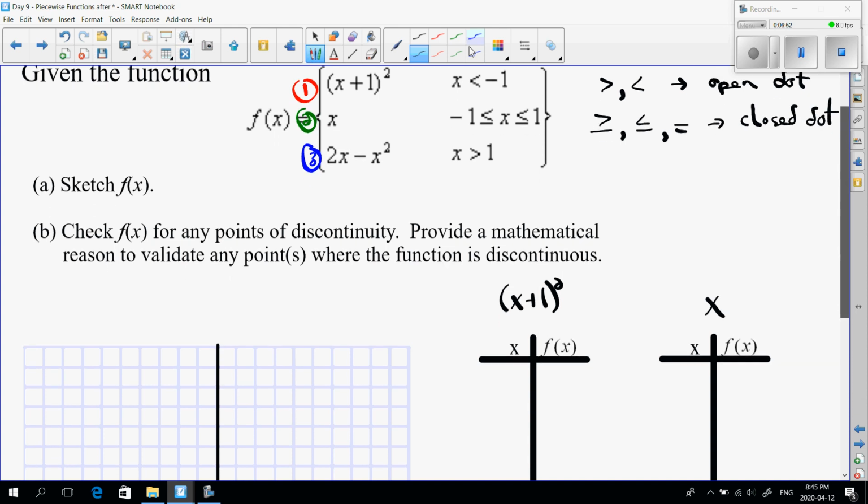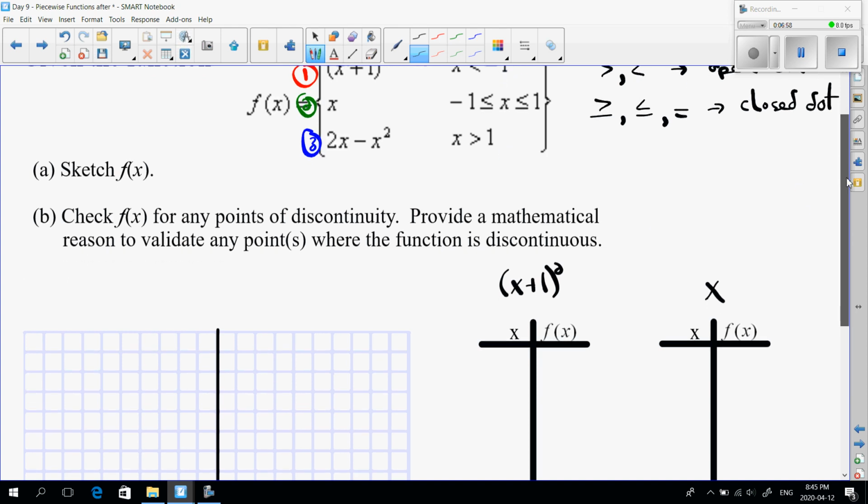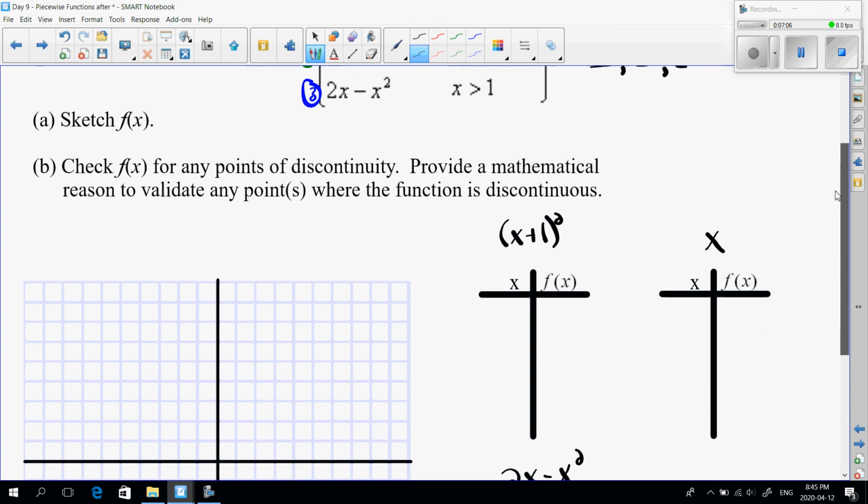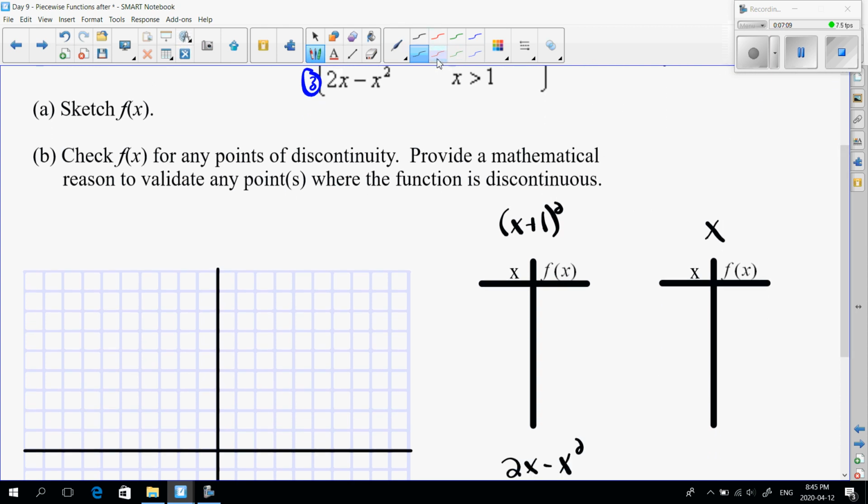So for this first portion of the curve, it's for x values that are less than -1. All right, so that would be like numbers to the left of -1: -2, -3, -4, -5. I am going to start by putting a -1, but I'll use an open dot because I know that it cannot equal -1.